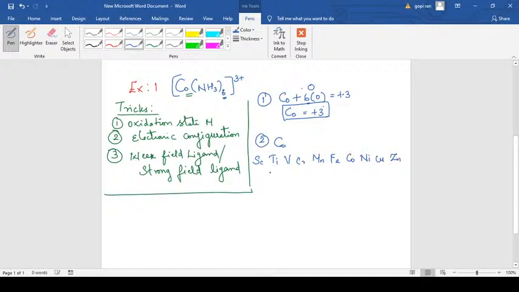This is the d1 to d10 elements, 1, 2, 3, 4, 5, 6, 7. Here d7. This is the first d transition series. Cobalt is d7.